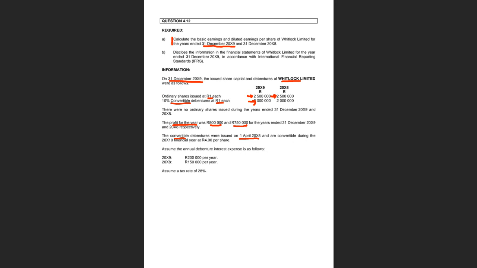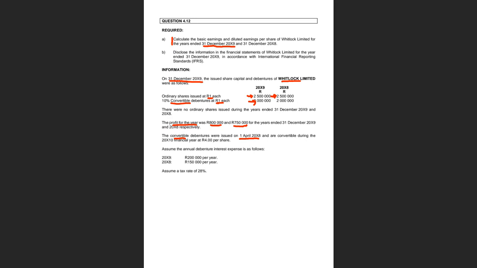So the convertible debentures can be converted into ordinary shares in 20x10, okay, at 4 Rand per share. Okay, they can be converted into ordinary shares in 20x10 at 4 Rand per share.